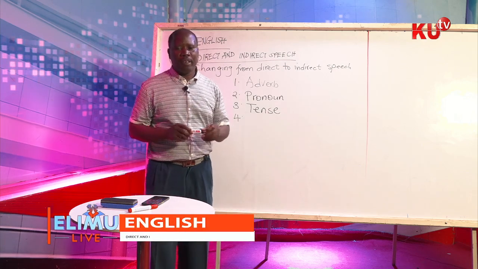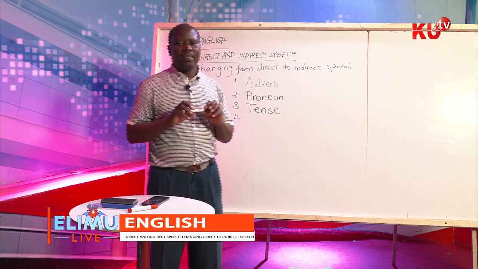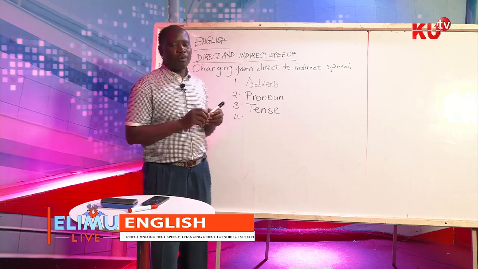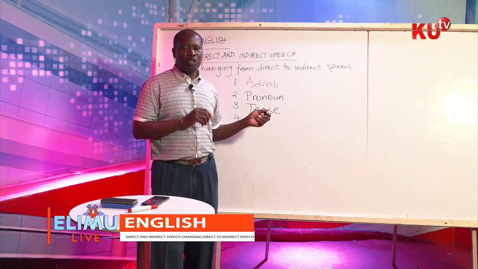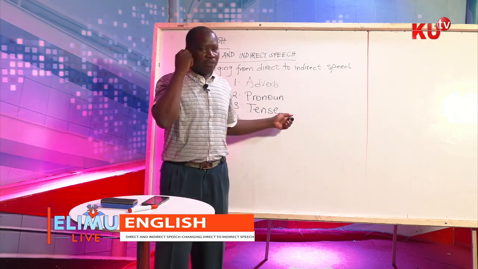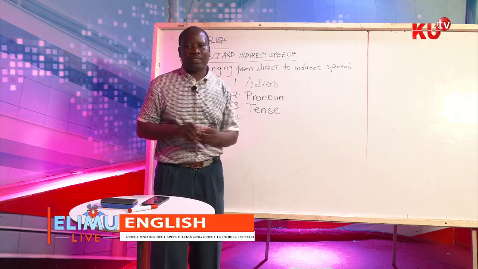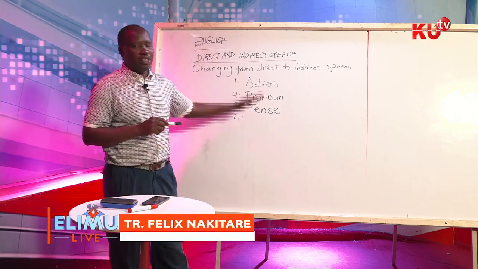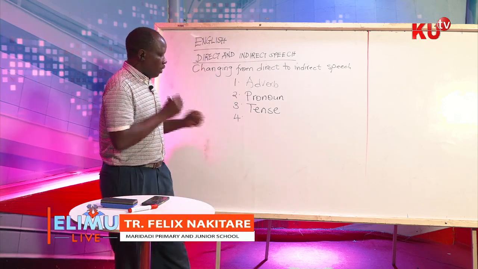Just an example, if your sentence is in present tense, present simple tense, it will change from that present simple tense to past simple tense. So point number 3, you take care of the tense. Then point number 4, to put into consideration here, it will be a question.